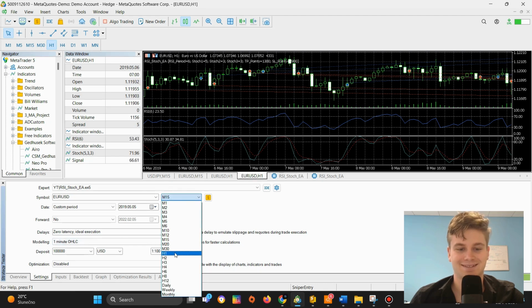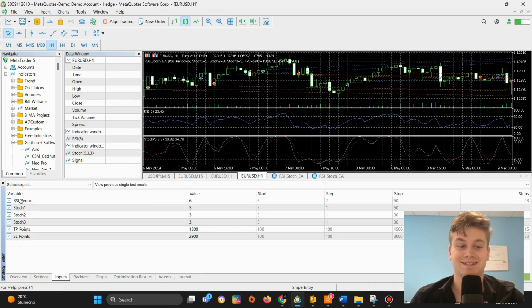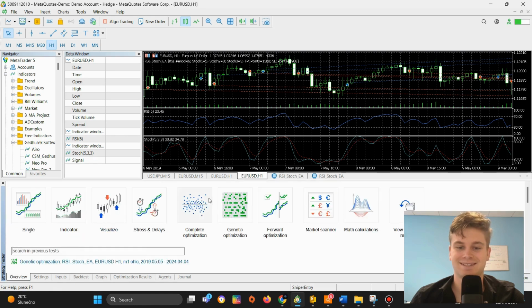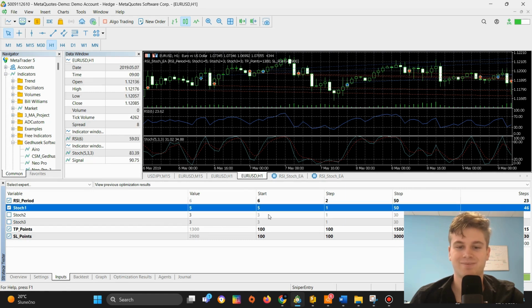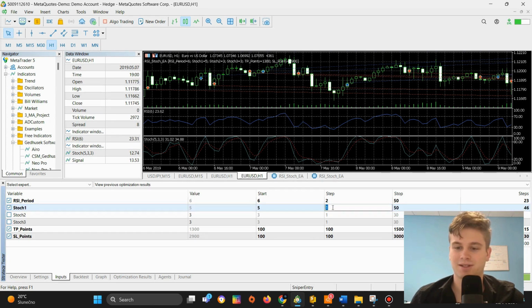No, let's stick to 1 hour time frame, but let's optimize the stochastic as well. To be honest, I don't really know how to optimize stochastic, because I don't use this indicator that much, or I don't use it in my private EAs, basically. So this can go horribly wrong, but hopefully it won't.